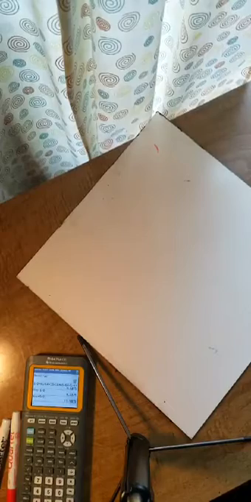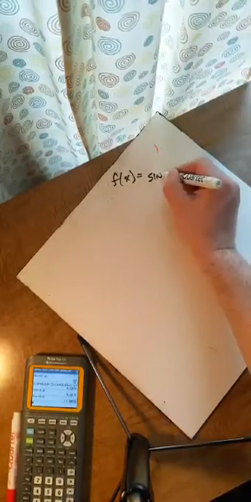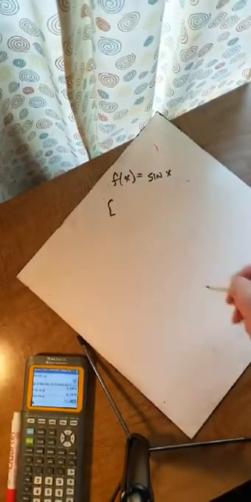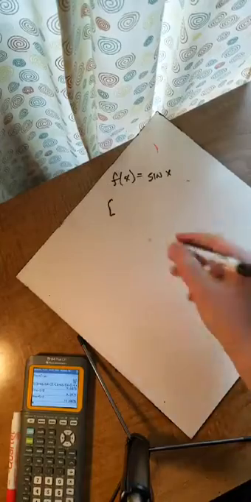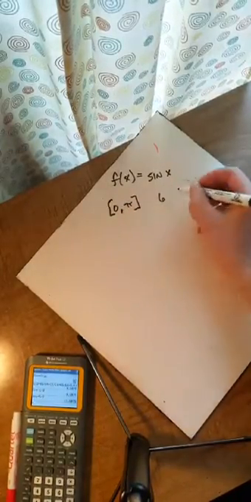Alright, we got sine x. We're going to go from 0 to pi, and we're going to use 6 rectangles.